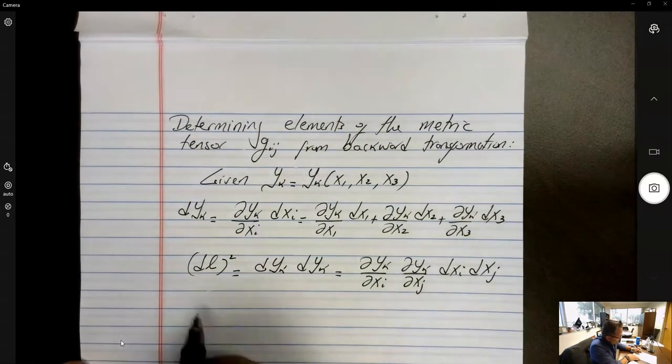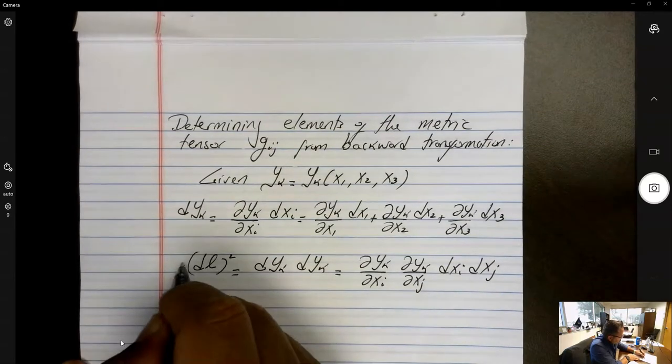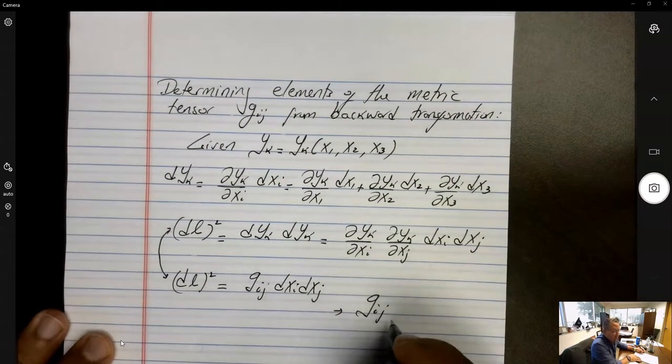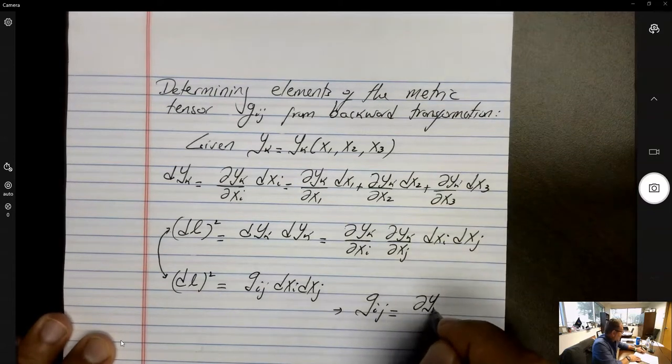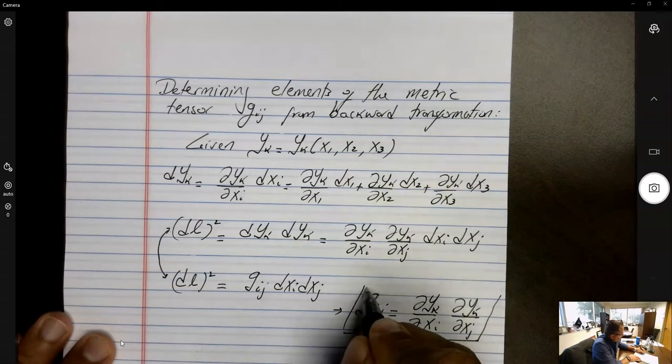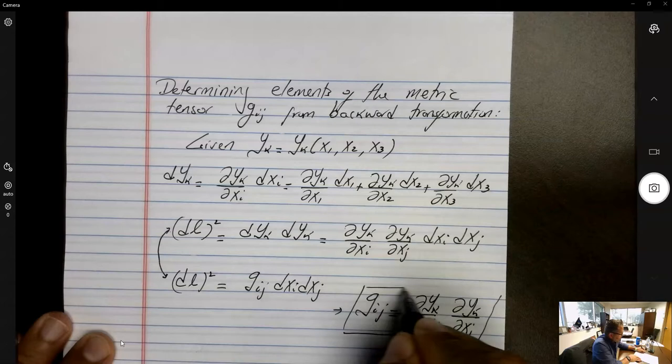So if we compare these to the fact that dl square can be expressed as gij times dxi dxj, we notice that the elements of the metric tensor are simply found by differentiating the backward transformation with respect to xi and with respect to xj, where implied summation over k, because k is a repeated index in this operation, so it is implied that this will add together.